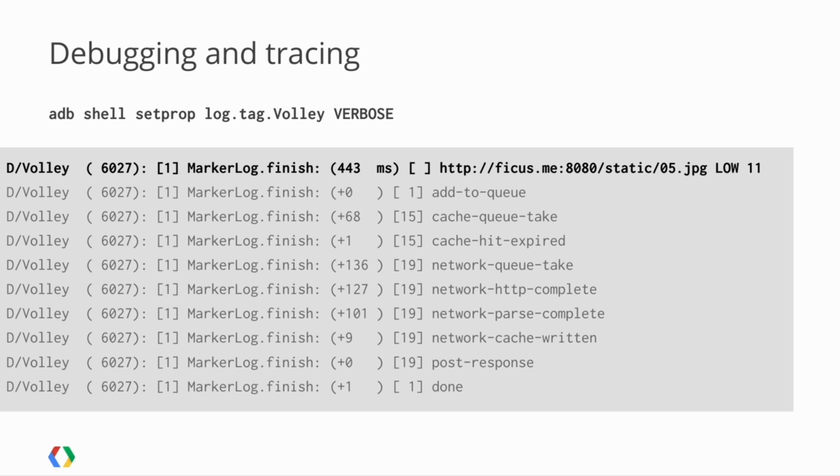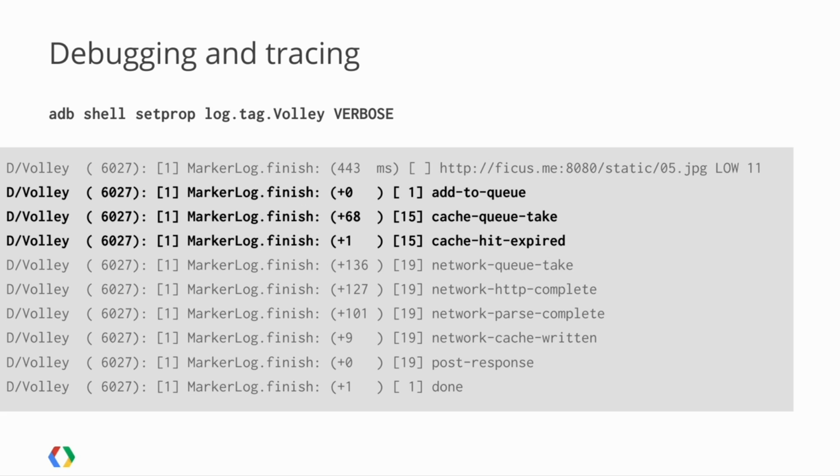At the top, you can see that this request took 443 milliseconds. It was low priority, because it's an image. And it was the 11th request processed by this dispatcher. Each subsequent line below that describes another step through the dispatch pipeline. You can see on thread 1, that's the main thread.